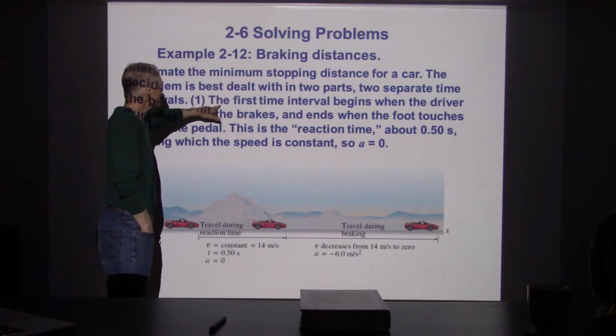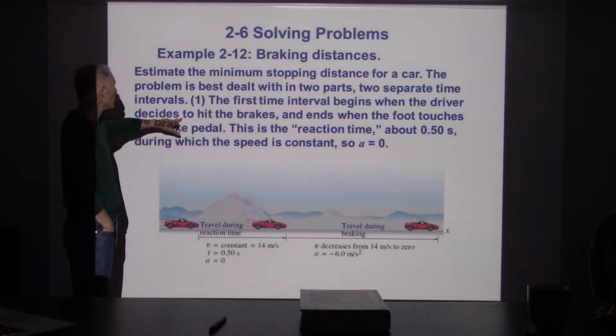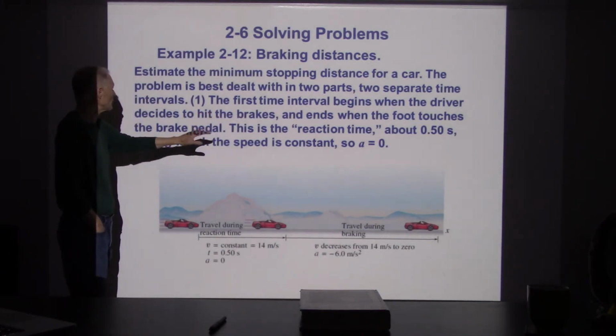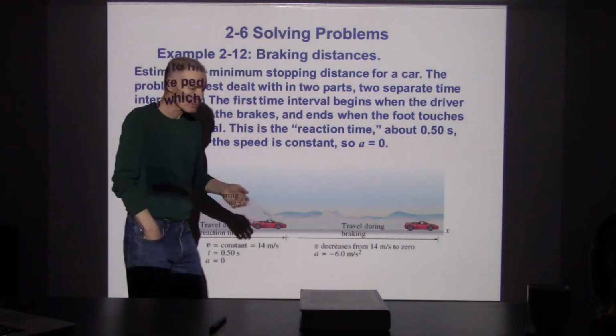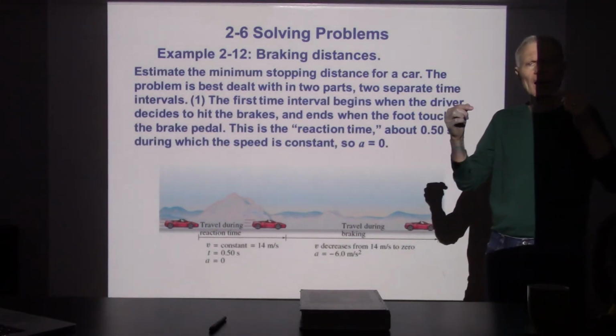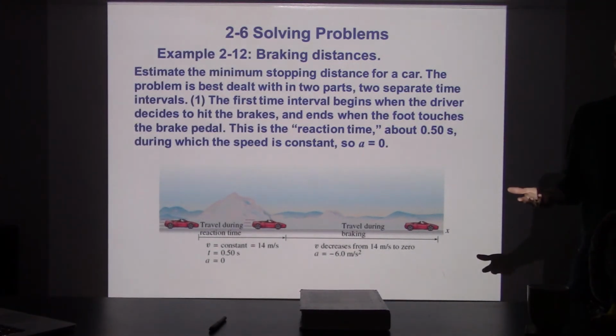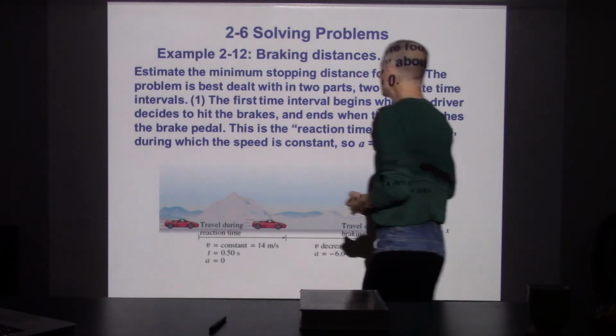First of all, there's a time interval between when the driver decides to hit the brakes until the braking begins. So there's a delay between when you've decided you need to brake and when the braking will actually begin. There's a reaction time that's going to take place there. And that's what they call it.